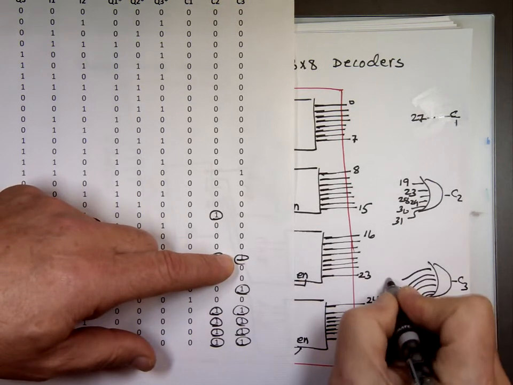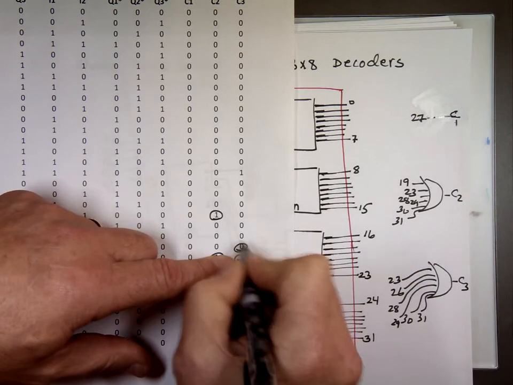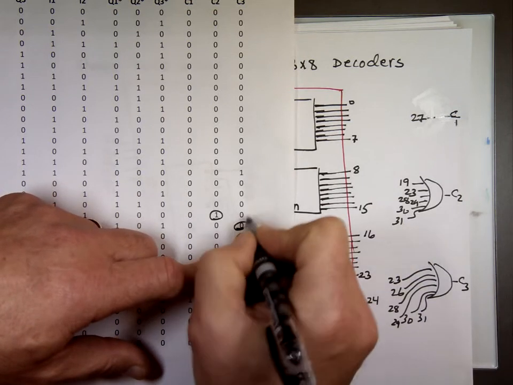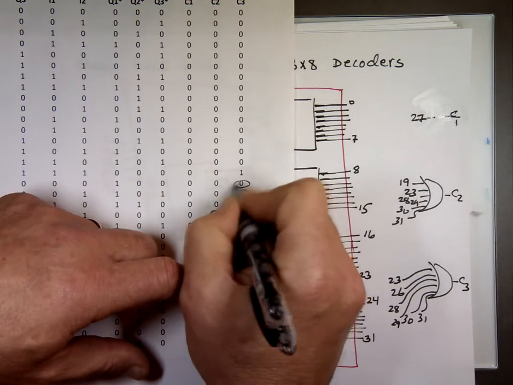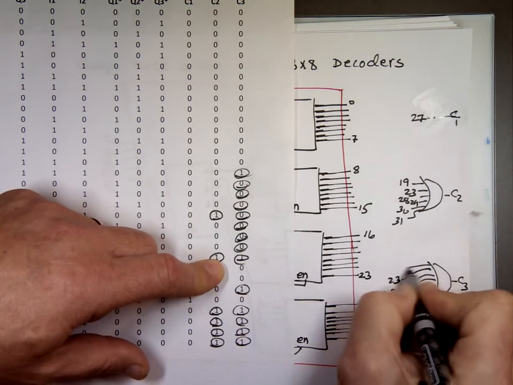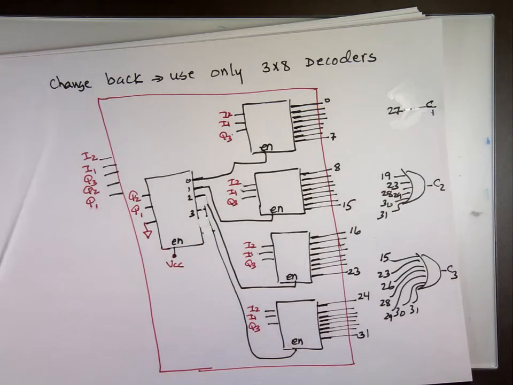And I have one more, I think. 22, 21, 20, 19, 18, 17, 16, and 15. This will take care of the change back for me. Done with C1, C2, and C3. We designed them.